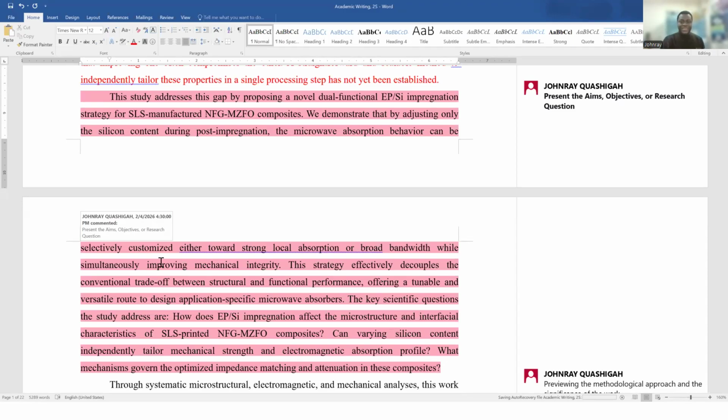This study addresses this gap by proposing a novel EPSI impregnation strategy for SLS manufactured NFG MZFO composites.